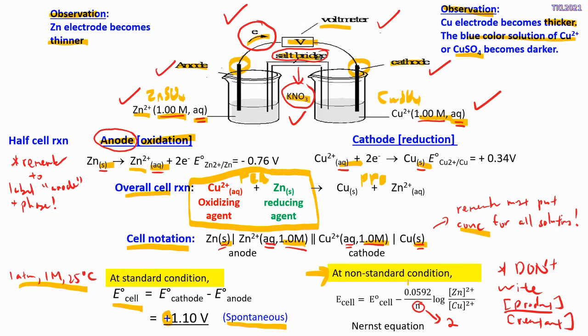If it's at non-standard condition, you must use the Nernst equation and find out the number of moles of electron and then get the log of product over reactant. But in your solution, in your calculation, don't just write product over reactant. You have to be specific.